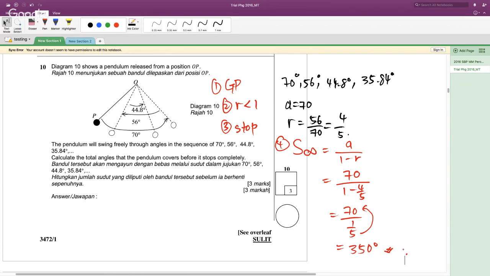So what is the difference between LG and LOG? Normally, what is LG? When I write LG, it stands for log 10. In AddMath, they call it common log. But normally in SPM, they will write LOG 10.